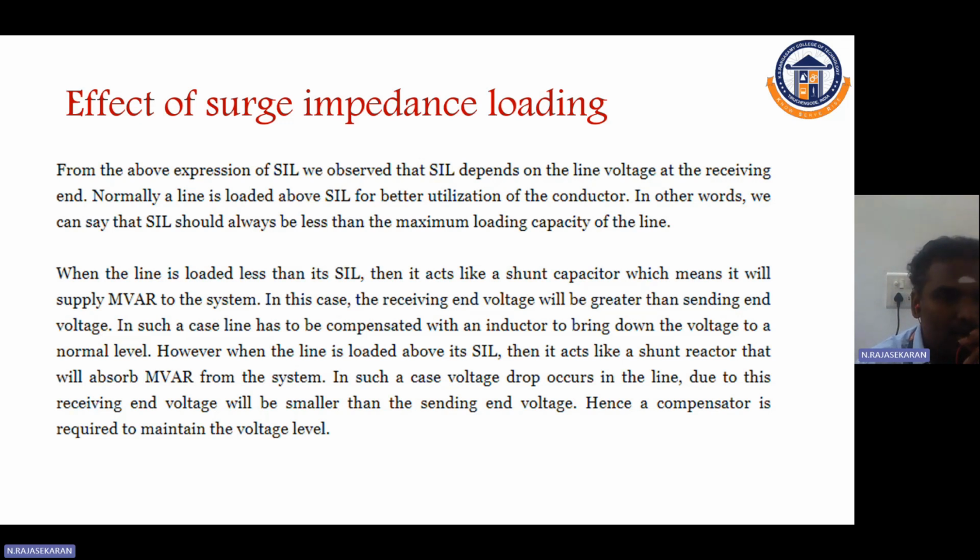Due to this, the receiving end voltage will be much smaller than the sending end voltage. Then a compensator is required to maintain the voltage level. So in the transmission line, we have to maintain the system as per surge impedance level. If it is lesser than that, we are having a problem. If it is more than that, we also have a problem.